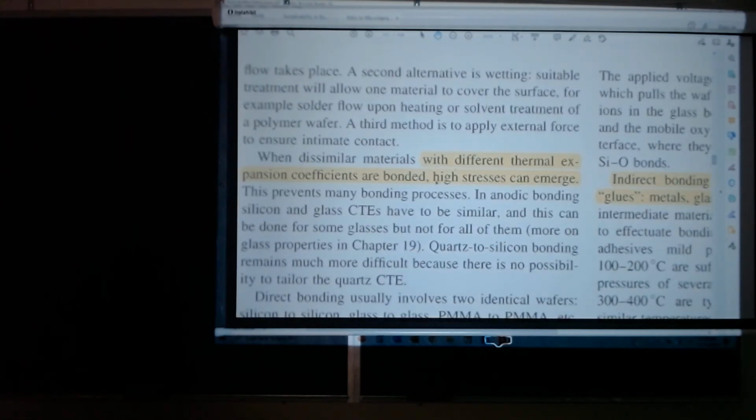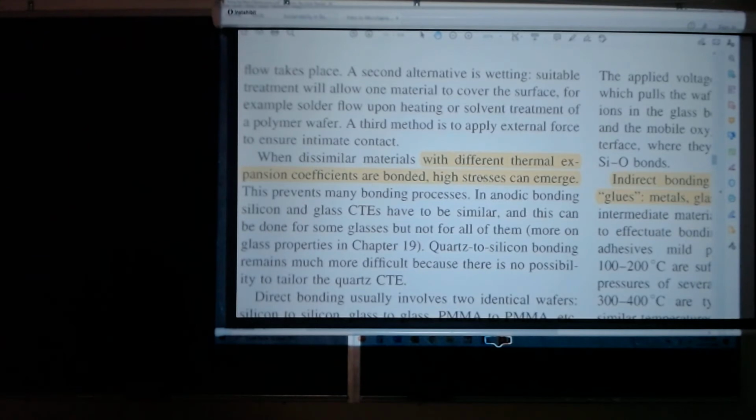Basically what happens is, I don't want to get up and start working at the board and lose my focus right now, but when we talk in the first lecture next week about the flip chip bonding that I performed to make those devices several years ago, I'll discuss how the two wafers or chips in that instance have different thermal expansion coefficients, which means one basically contracts more than the other, and so it acts to try to pull them apart.